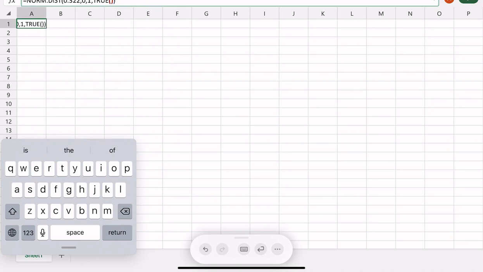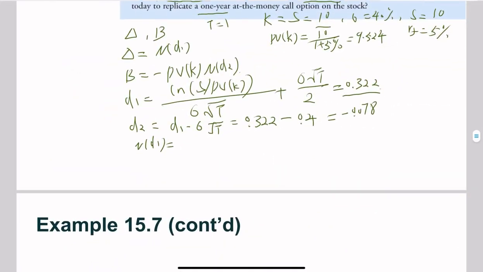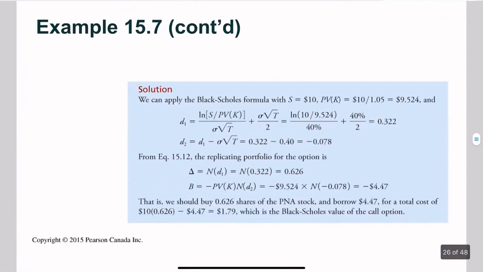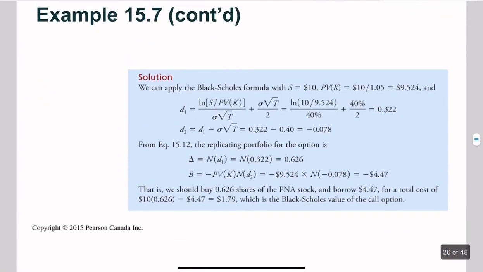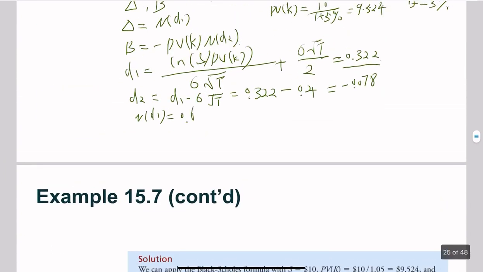Okay. So you can see that it's about 0.63. Let's see if it's right. So it's 0.626, right? So that's how you could use Excel to find out this number. But again, this is not required. I will not require you to use Excel to find out this normal distribution.